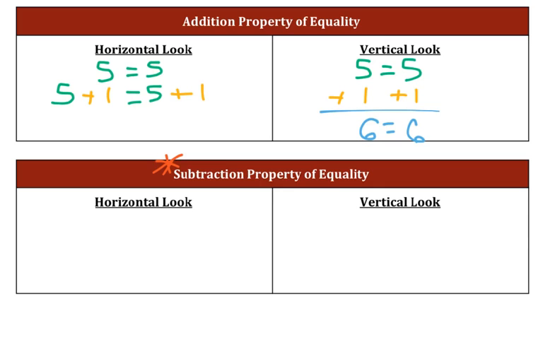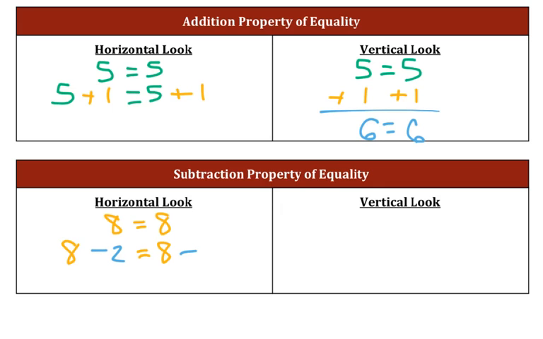Because of that, let's fill in this bottom portion here. Let's say I started with the number 8. Now, if I had 8 is equal to 8, I could take away values from either side. So here, maybe I'll subtract 2.